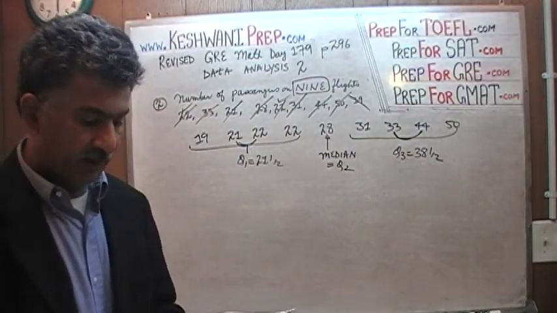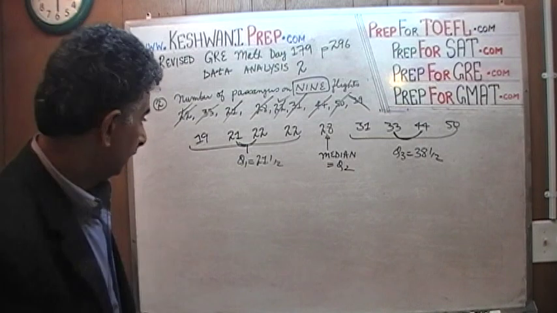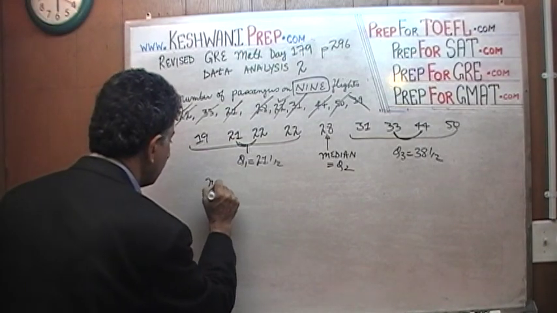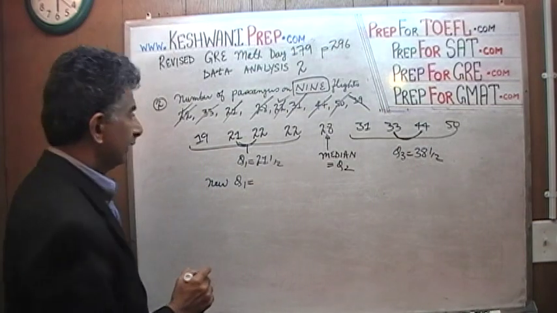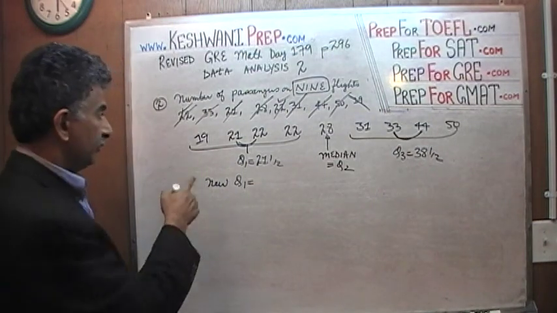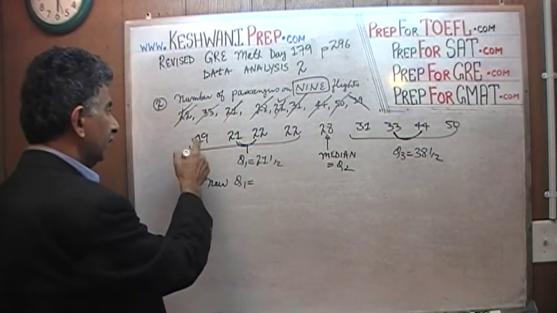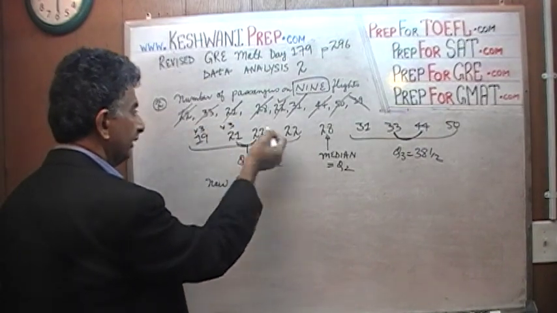What is going to be our new interquartile range? Well, this is the old one. The new first quartile, since every single number is 3 times as much, we don't have 19 anymore, we have 3 times as much, everything is 3 times as much.